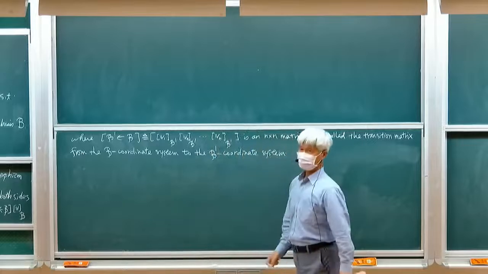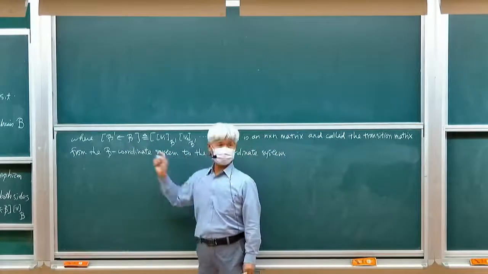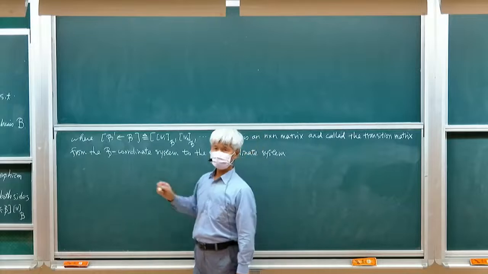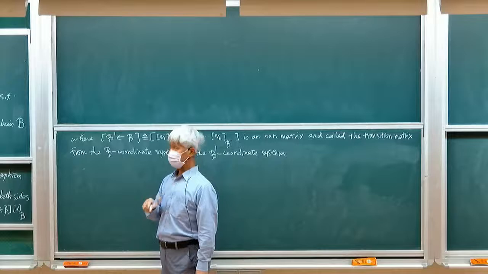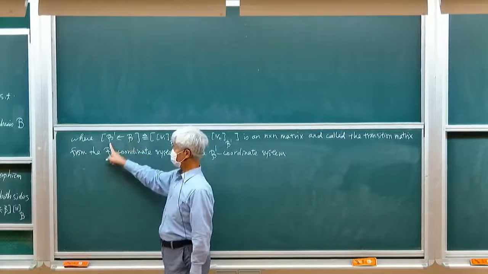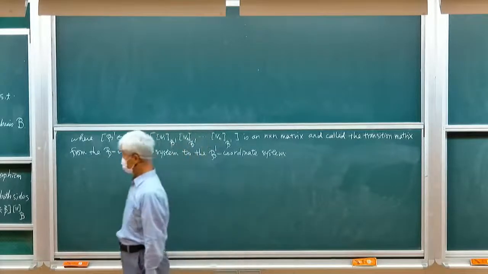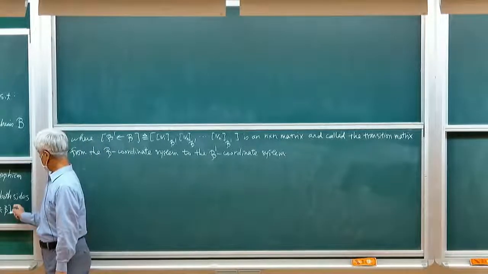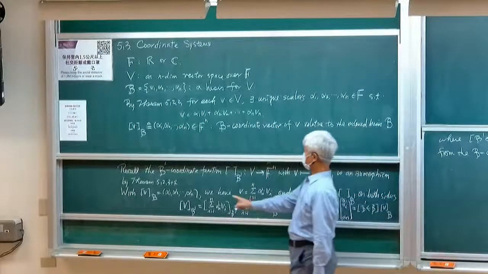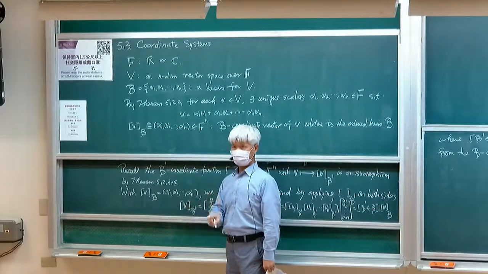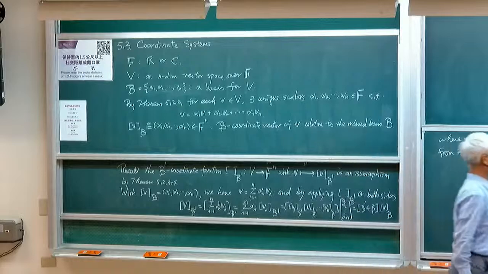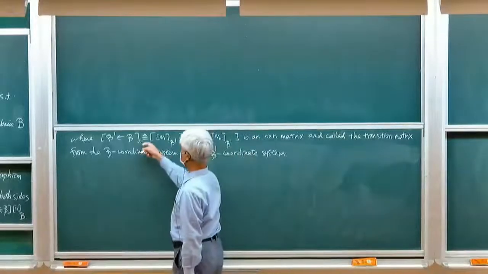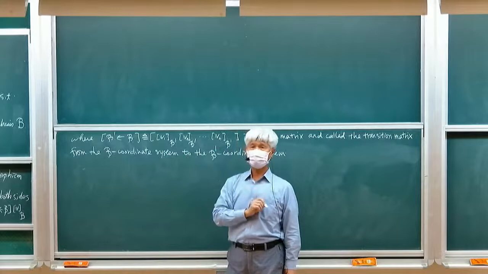It's easy to read from this notation. It transforms the B coordinate vector to the B prime coordinate vector of the same vector V. From this definition, you know how to construct such a transition matrix.